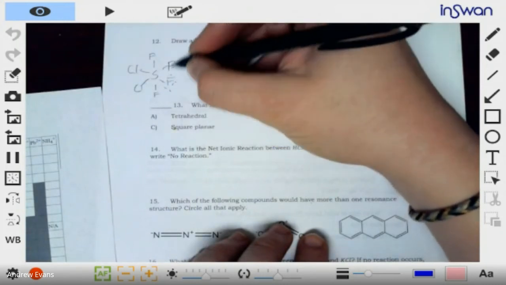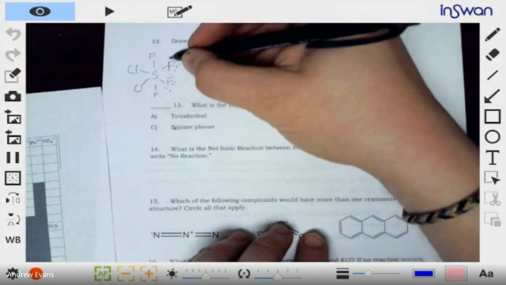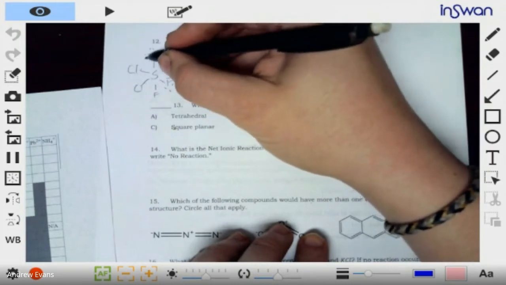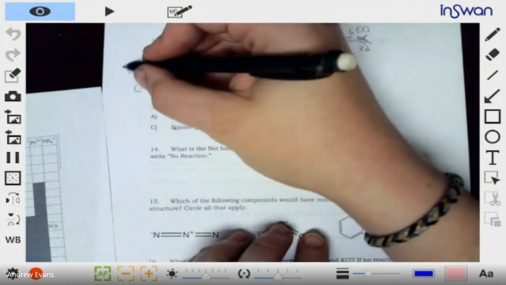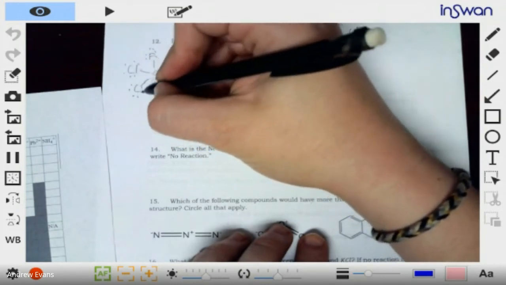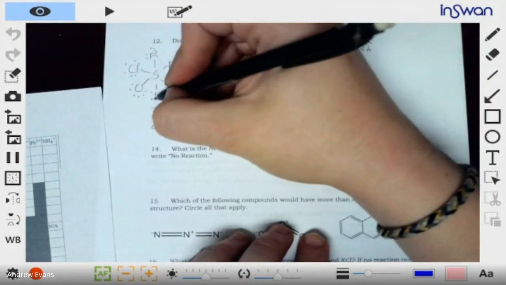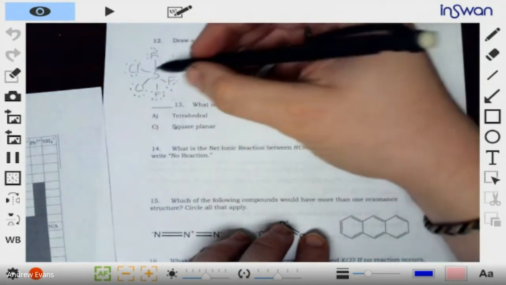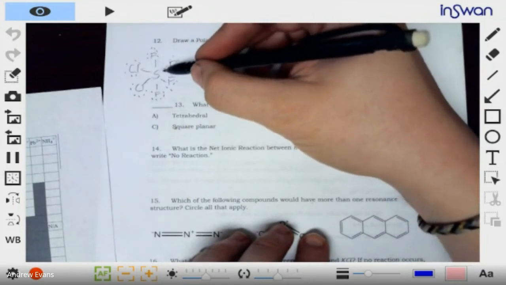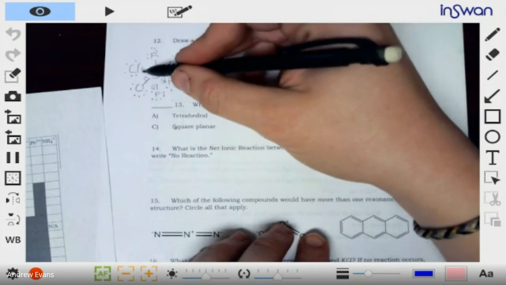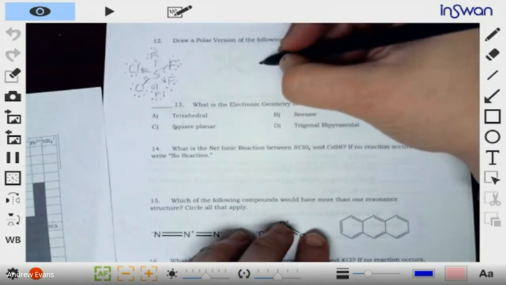So 6, 12, 18, 24, 30, and 36. That leaves us with 0 electrons left to place. How many things are coming off it? 1, 2, 3, 4, 5, 6.